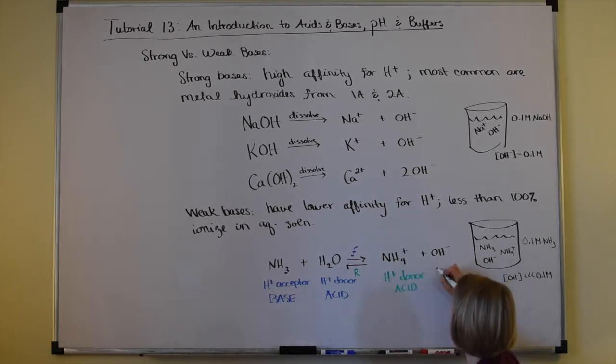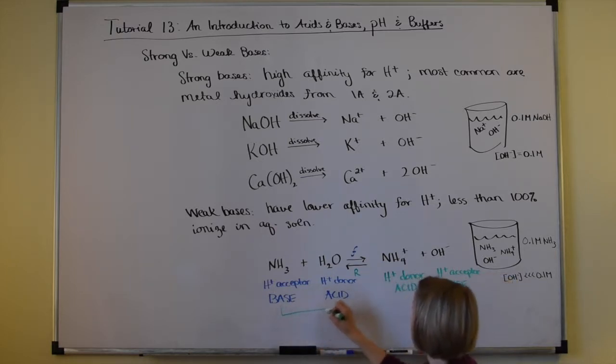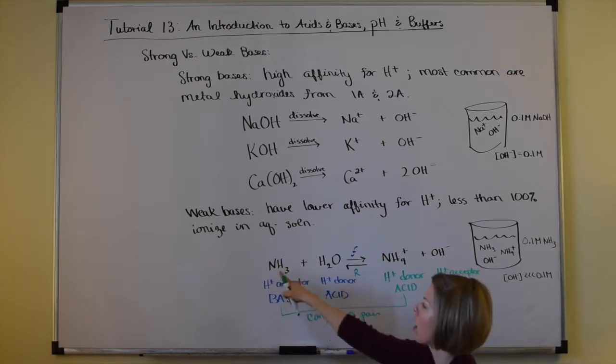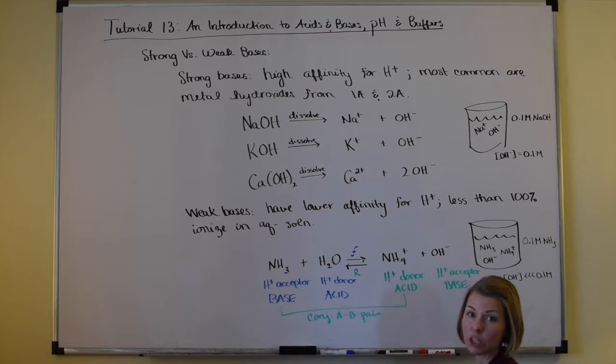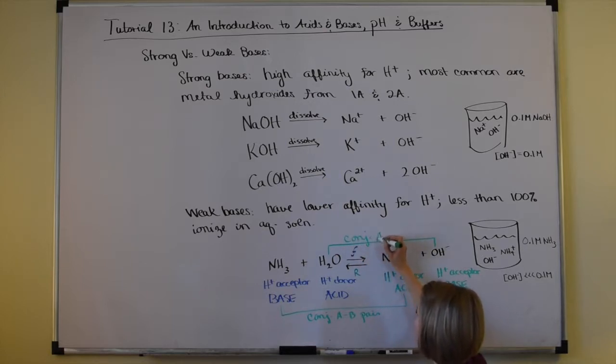Hydroxide is the H+ acceptor, and so hydroxide is the Bronsted-Lowry base in the reverse reaction. So we can see a conjugate acid-base pair here. I'll just write conj AB pair, I'll abbreviate it this time. Okay, off by just the presence of one H+. And we can see another conjugate acid-base pair here.